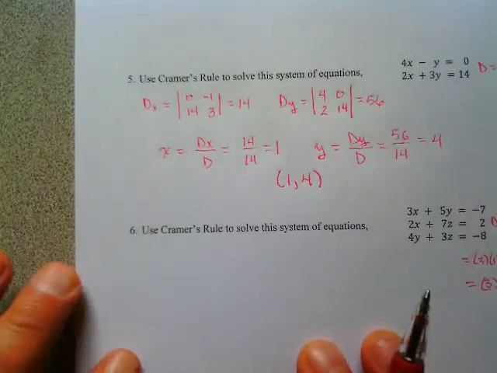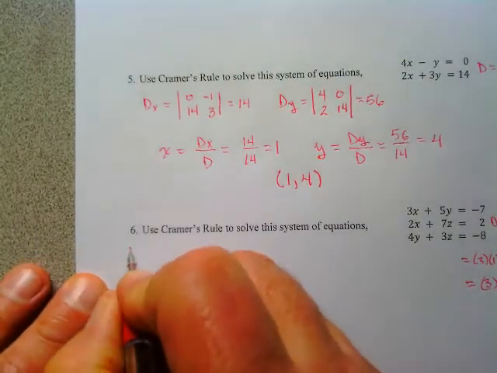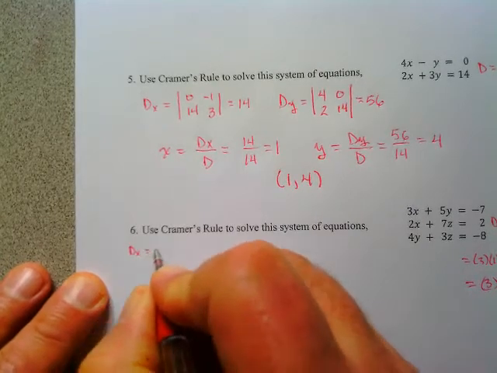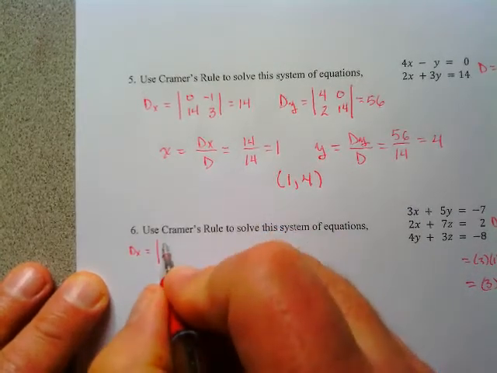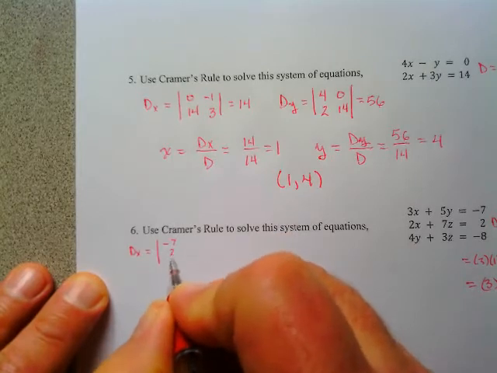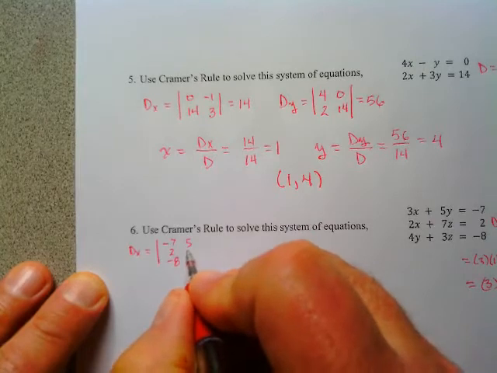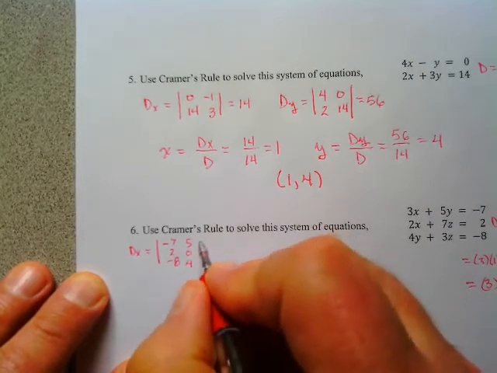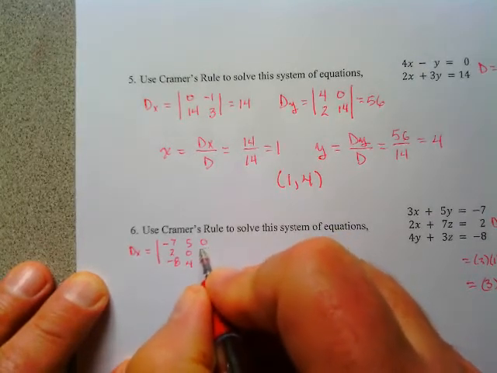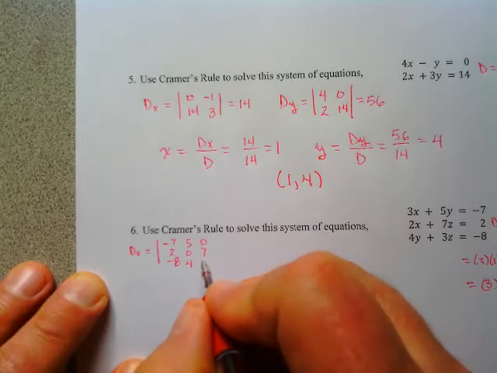So we'll start off with the dx's first. So dx, we have negative 7, 2, negative 8, 5, 0, 4, 0, 7, 3.